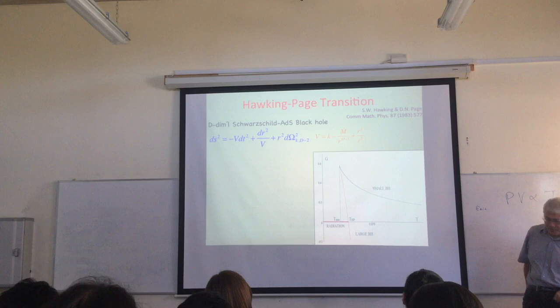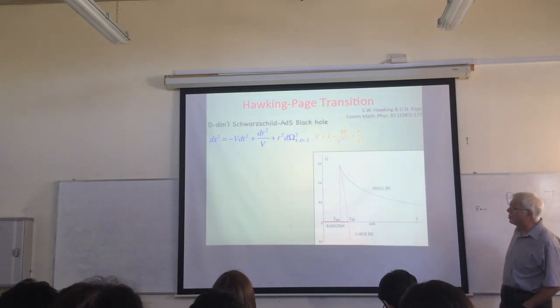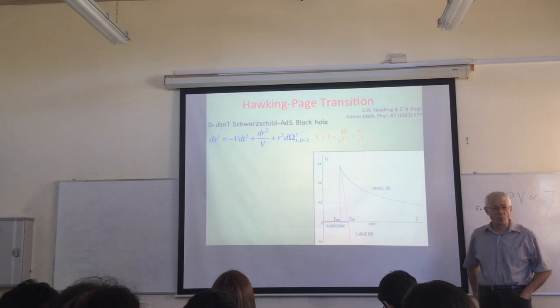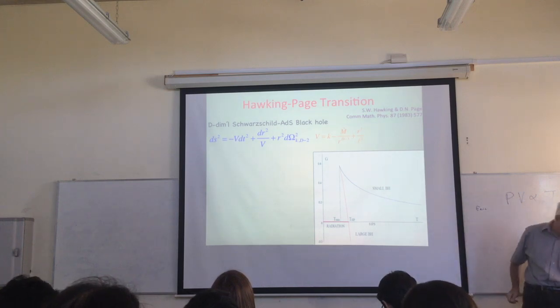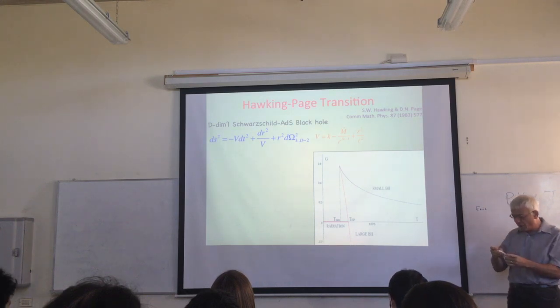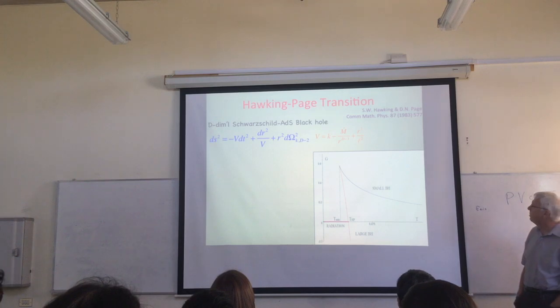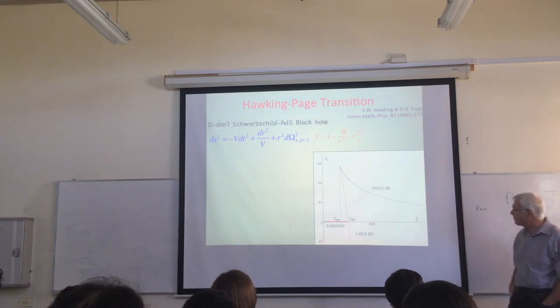So let's look at the Hawking-Page transition. They did it for a 3+1 dimensional black hole, but you can do it for any dimensional black hole. So there's the metric.